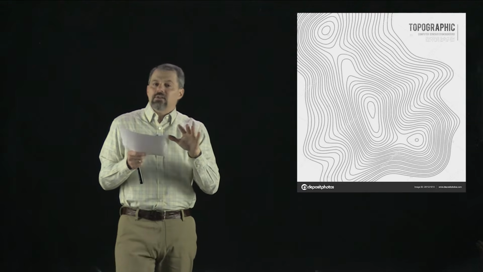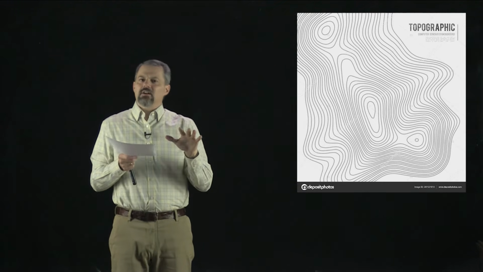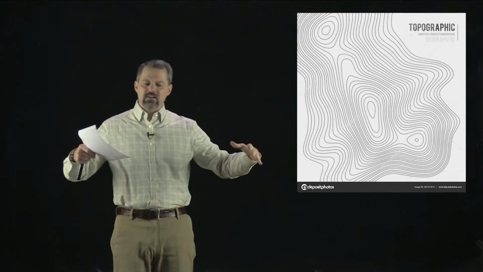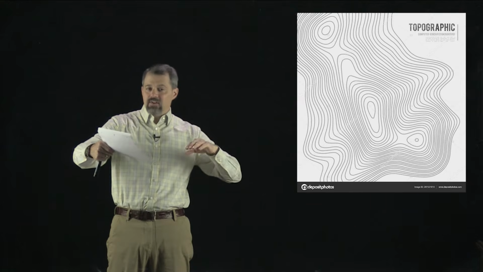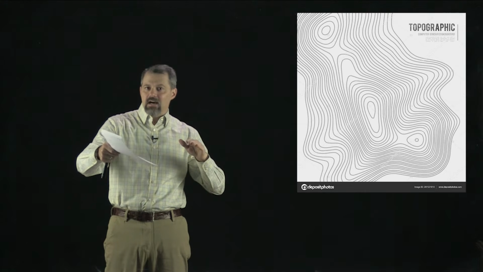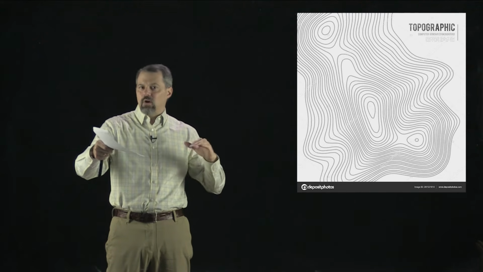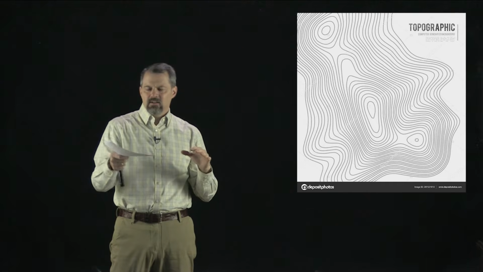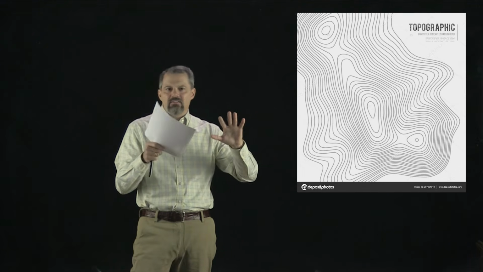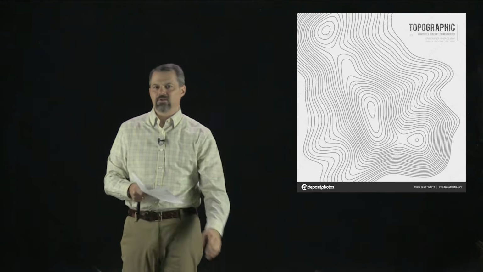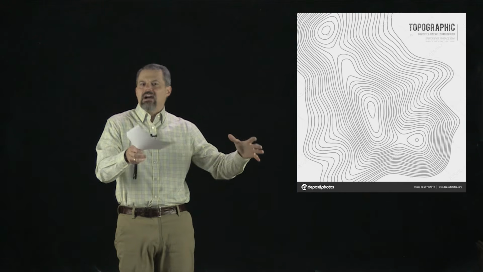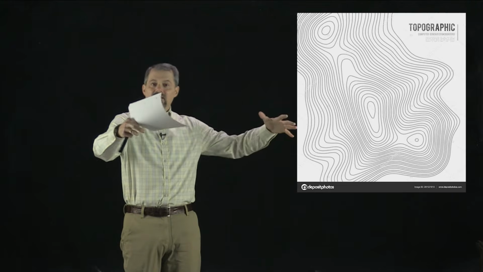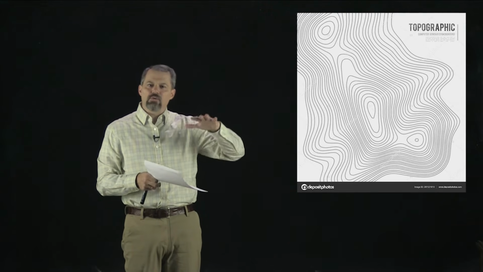Now, if you know anything about geography, you know that if you have, let's say, a mountain with a cave in it, then on a topographic map, the isobars could cross if we had that cave. Well, we're not going to be having caves in our utility function. If we just have a topographic map of a big pile of sand, then none of the isobars would cross each other.